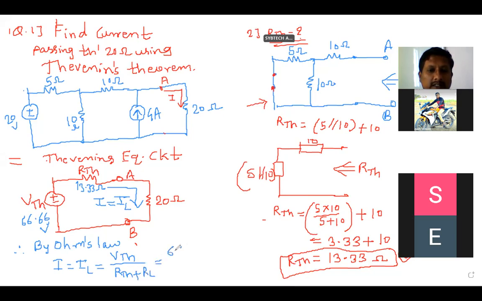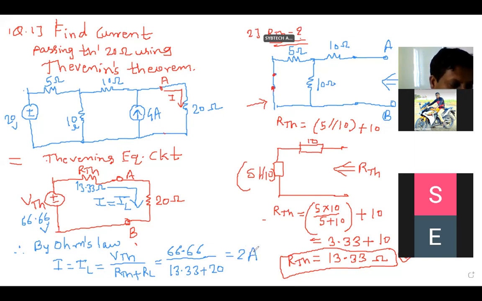So VTH is 66.66 divided by 13.33 plus 20. So what is the answer? Is it 2? Yes, sir. So 2 ampere.